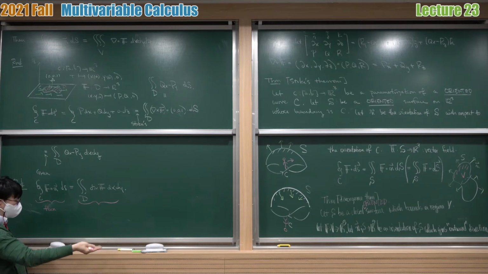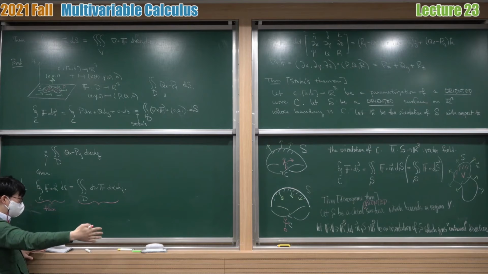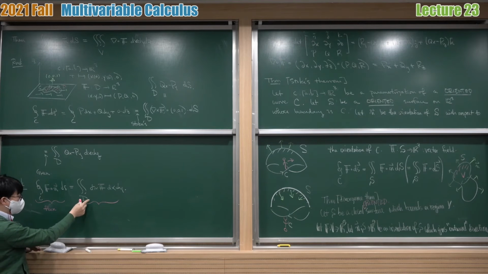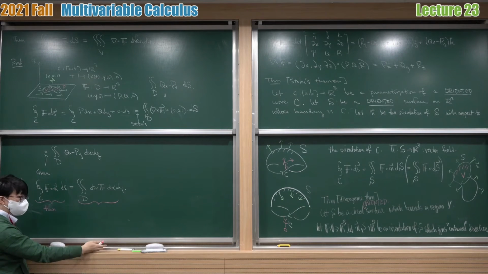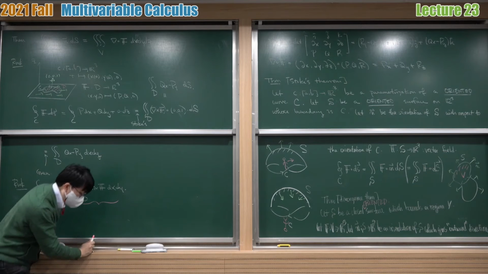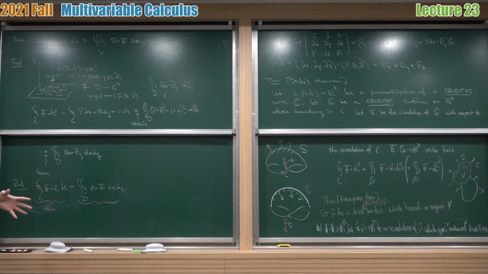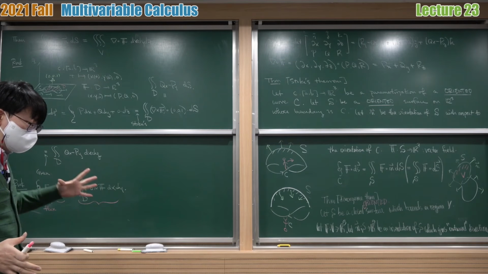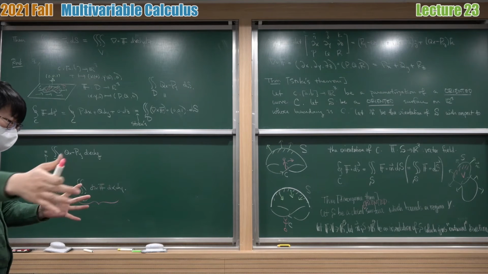So the total flux over the closed curve is measured by how much the vector field expands the particles, or expands the volume inside of this domain D bounded by the curve C. If there's no expansion inside of this curve, then exactly the same amount that goes inside the curve will go outside the curve.